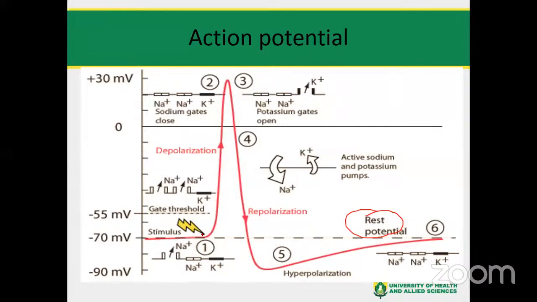And when sodium ion channels open and sodium is entering into the cell, it will try to move the membrane potential, which was at rest, upward towards its equilibrium potential. Remember, the equilibrium potential for sodium is plus 60, so they will start to move it toward the positive line.